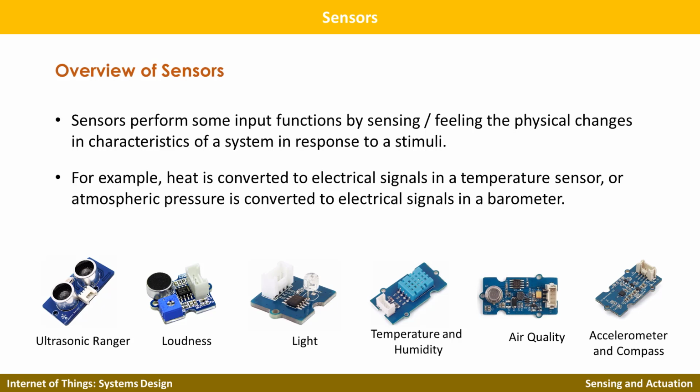You can find hundreds of different sensors like this, which you can connect to your prototyping boards and build IoT solutions. Each of them converts some kind of change in the real world into an electrical signal, and then we measure the electrical signal and determine the value of temperature, loudness, light, or whatever parameter we are measuring.